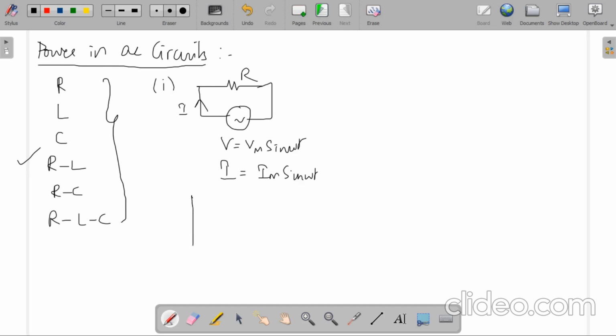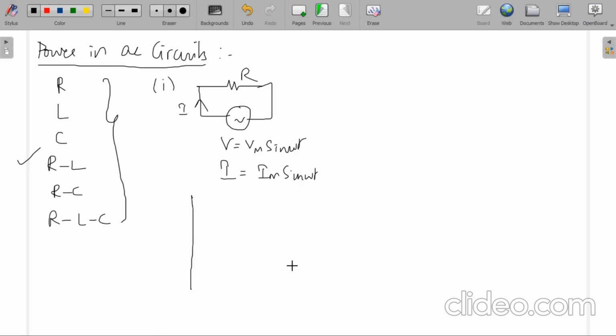Coming to the wave diagram, if this is the voltage waveform, then the current waveform looks like this, and it is in phase. This is the current waveform, this is the voltage waveform.